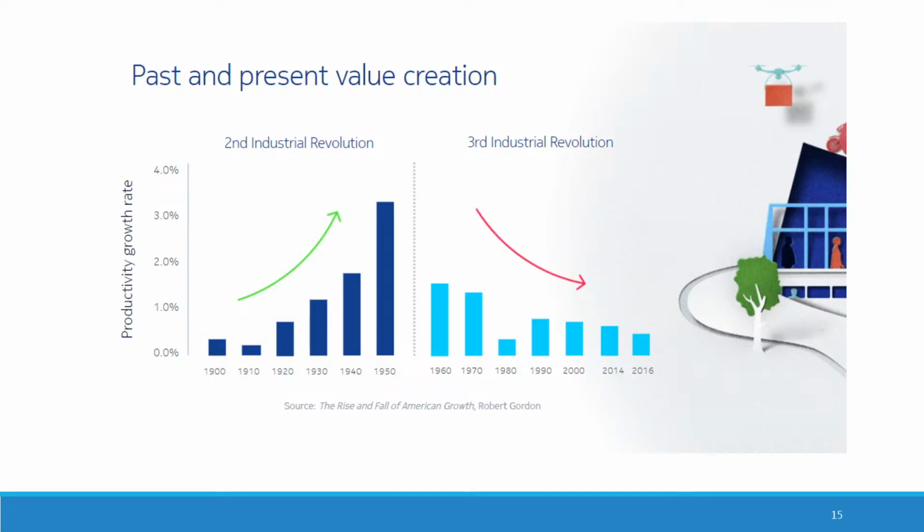So the productivity increased. And in the early stage of the third industrial revolution, we implemented the computer, we digitalized the manufacturing systems. Why did the productivity not grow? Why?